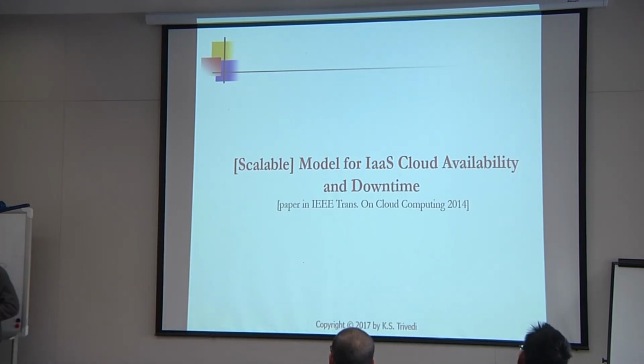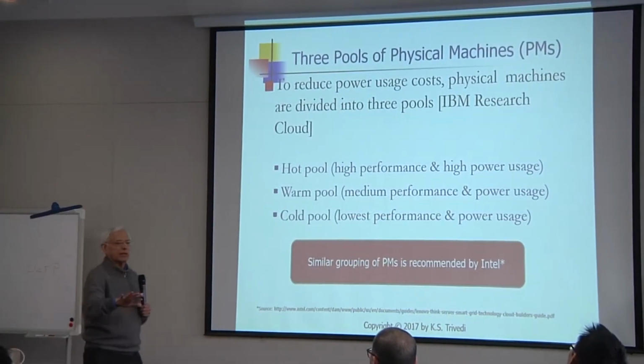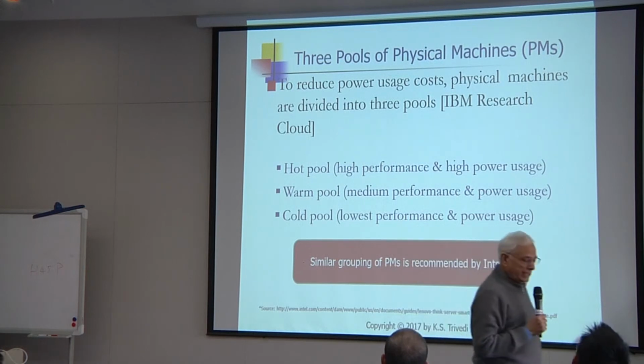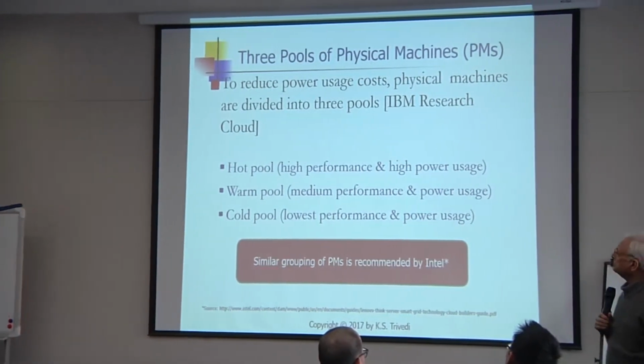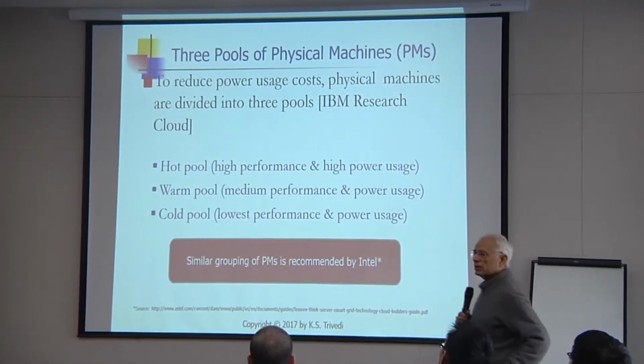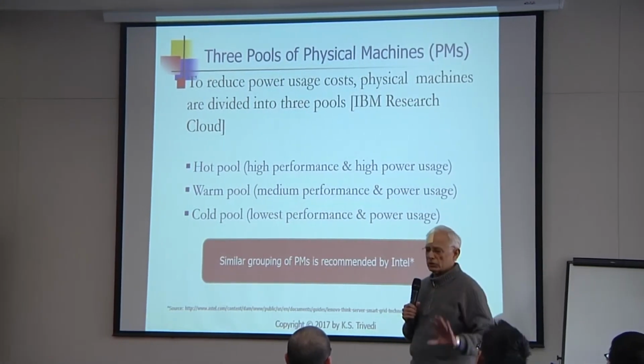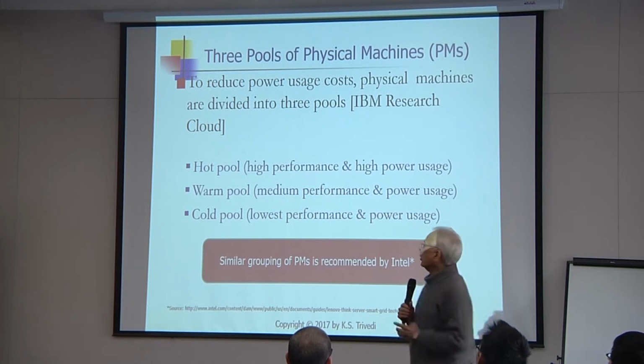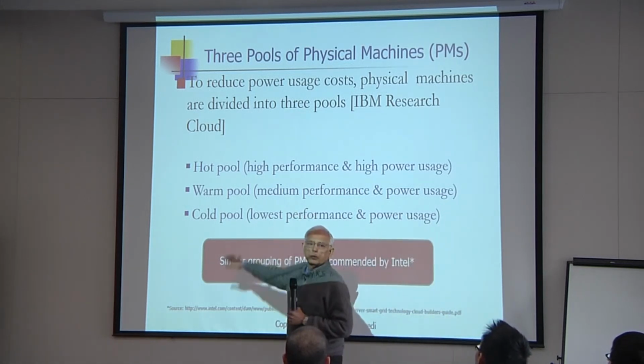So this is the IBM Research Cloud as they described to me at that time. Okay, it has probably gone beyond that to something else. But the key thing that they told me at that time is that all the physical machines or servers were divided into three pools: hot pool, warm pool, and cold pool.